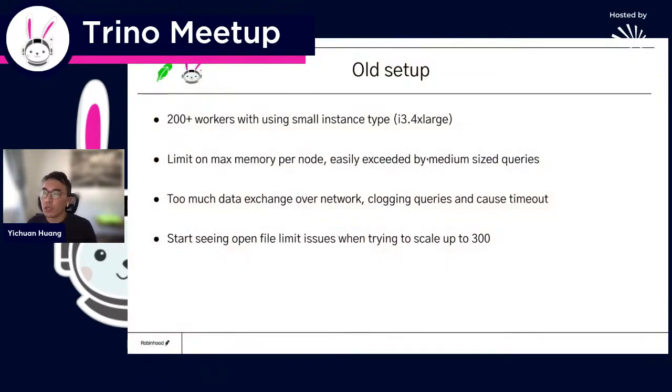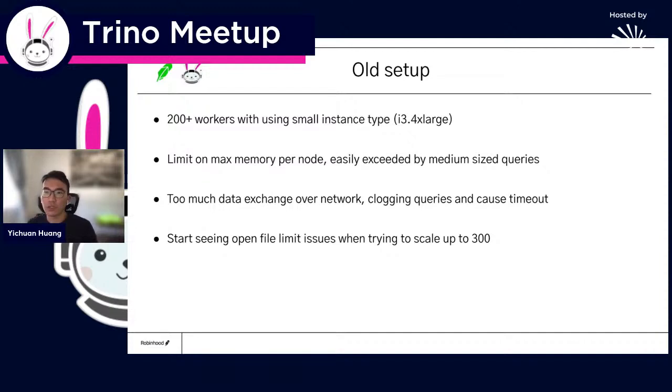Previously, we had a many-small kind of setup. By that, I mean we had 200 plus workers per cluster, and each worker used a small AWS instance type, i3.4xlarge, which has 16 CPUs and 128 GB of memory.